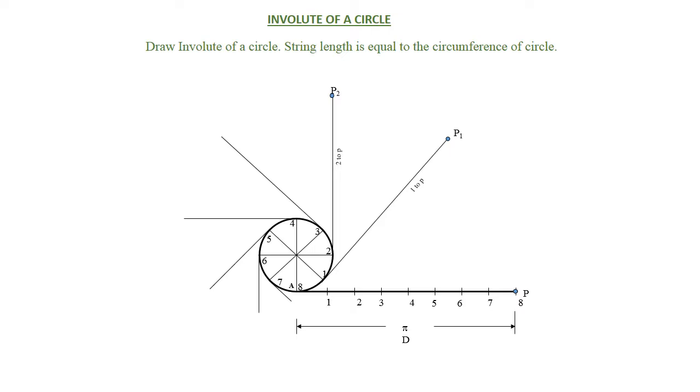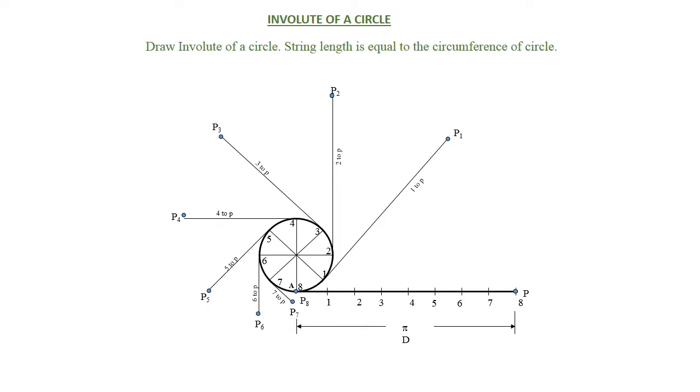Then take the 2 to P distance in a compass and mark it along the tangent through 2. The same is the case for 3, 4, 5, 6, 7, and the last point will be the point 8.